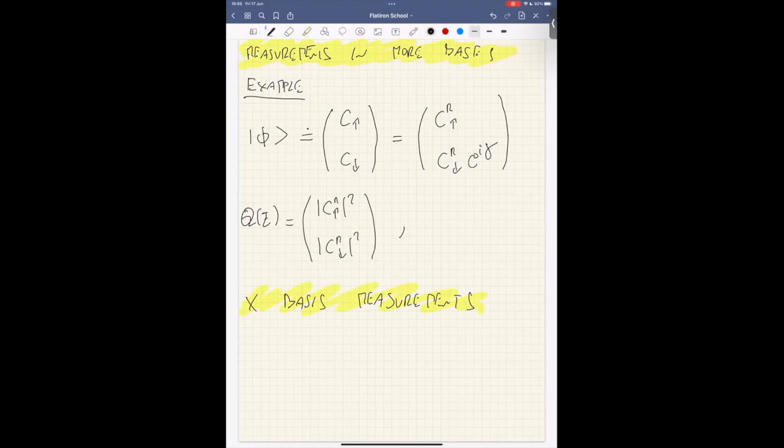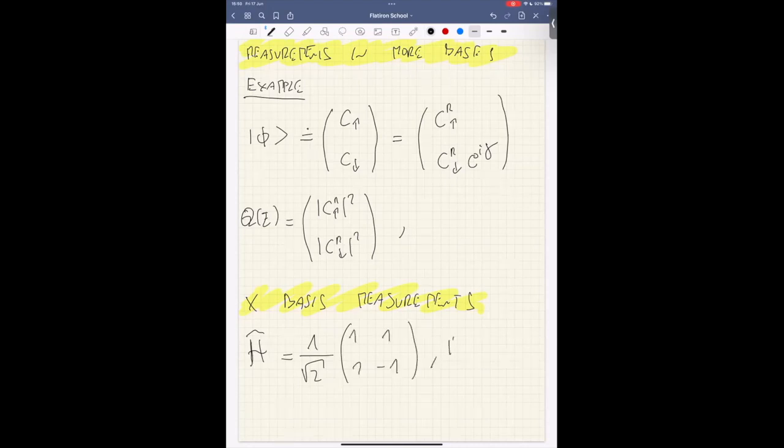Well, mathematically, this is a basis change in my state vector, in my vector phi. And this is realized by an operator, H, which is not the Hamiltonian, but unfortunately has the same symbol, which is the Hadamard gate. This is known as the Hadamard. It is written as a 2x2 matrix. This is just the basis transformation, so it's a unitary operation, and it takes this form.